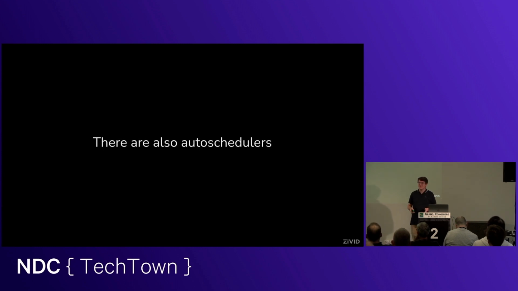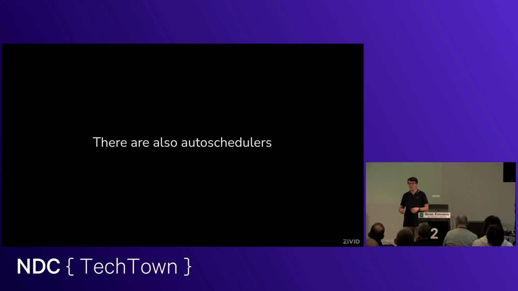And I should mention, if you're interested in using Halide yourself, there are also auto-schedulers. I don't have any more slides on that in this talk, but essentially it's a way that you can write your algorithm and ask Halide to run one of its auto-schedulers, and those will try to find the optimal schedule for your algorithm on the current machine.